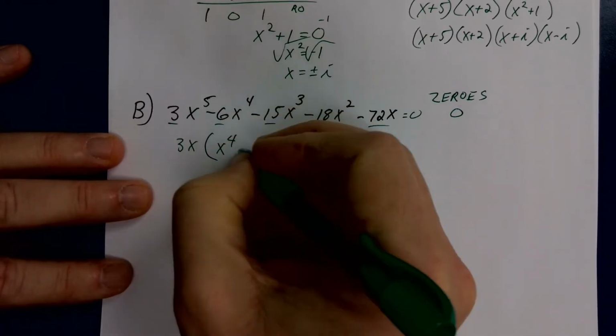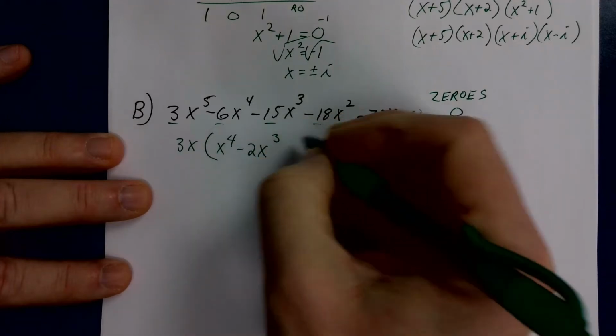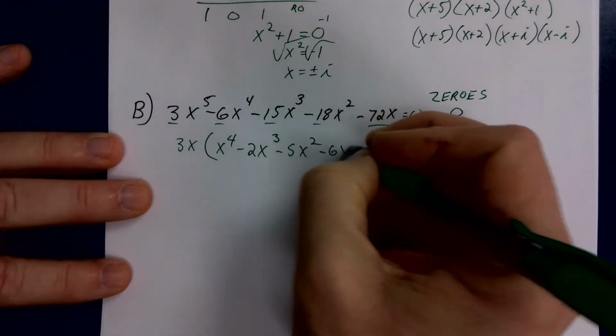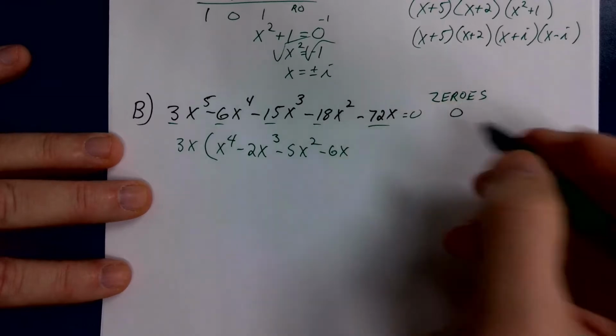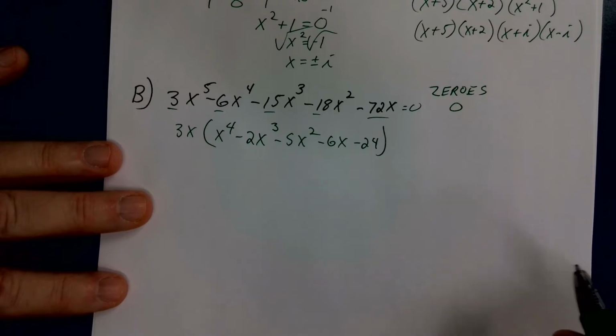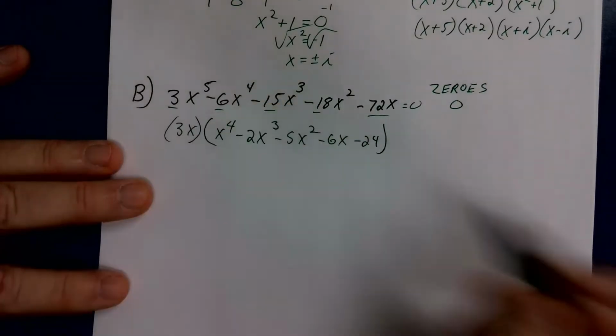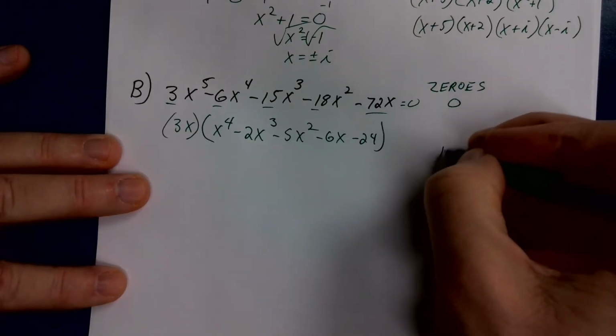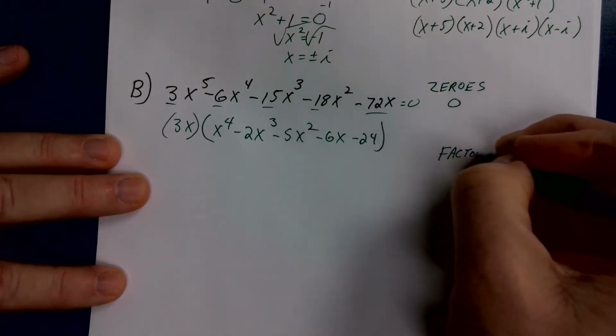x to the 4th, right, minus 2x cubed minus 5x squared minus 6x, and is that 24? Minus 24. Okay, so I can kind of just remove that one. I'll go ahead and list it over here. Factors.